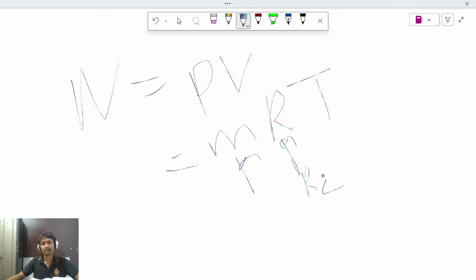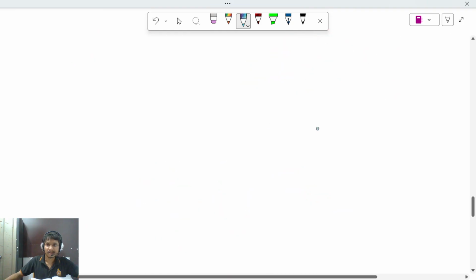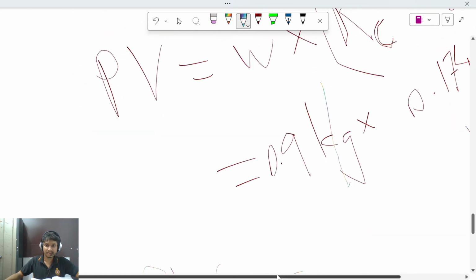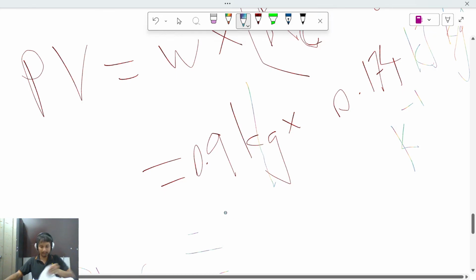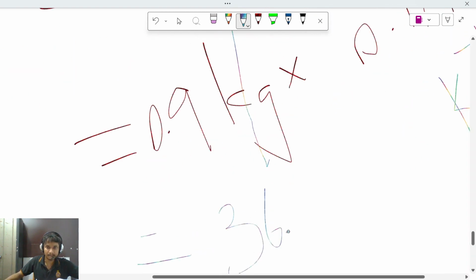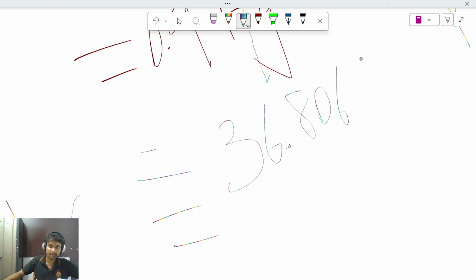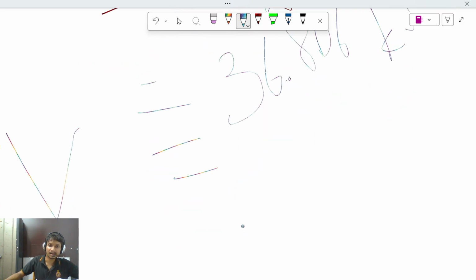We already found in part A that RC is equal to 0.174 kilojoule kilogram minus 1 Kelvin minus 1, and T is the temperature in Kelvin. If you calculate 0.9 into this, you will get the answer PV is equal to 36.806 kilojoule.